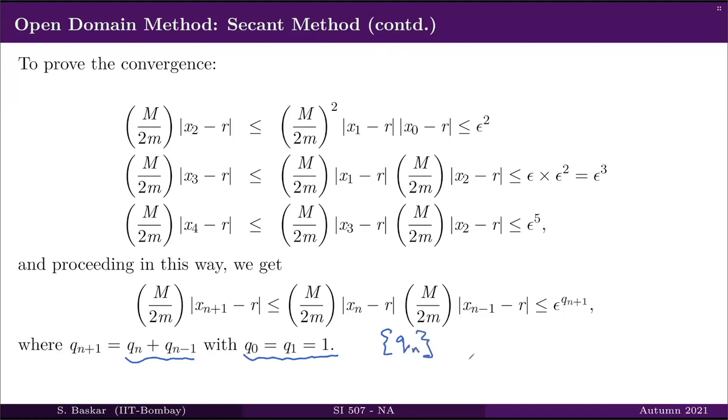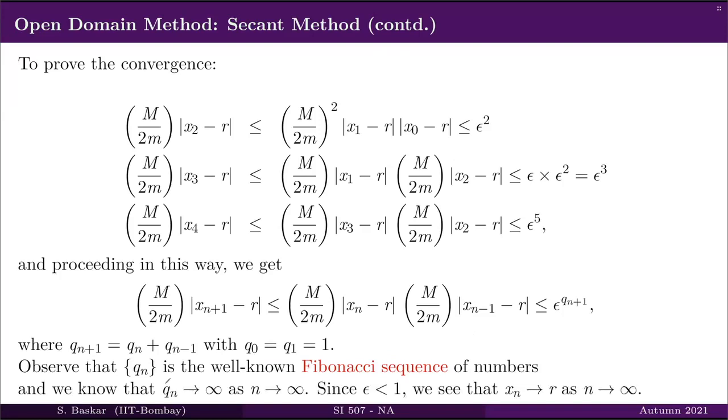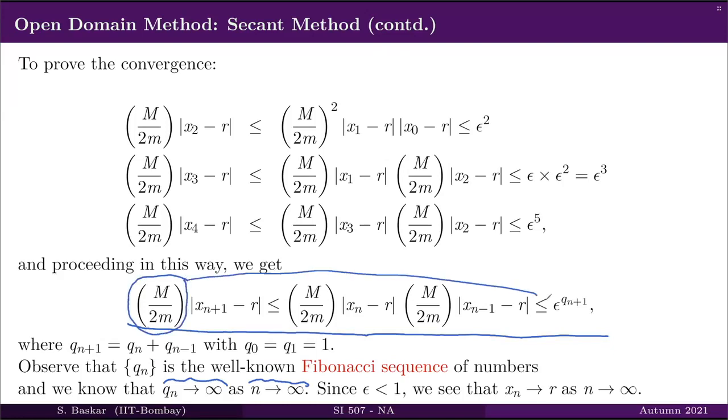Now, what can you say about this sequence qn? This is very familiar to all of us. Well, this sequence qn is the well-known Fibonacci sequence of numbers, and we know that qn tends to infinity as n tends to infinity. Now you see this inequality. This is some non-zero finite quantity, so you can take it to the other side.